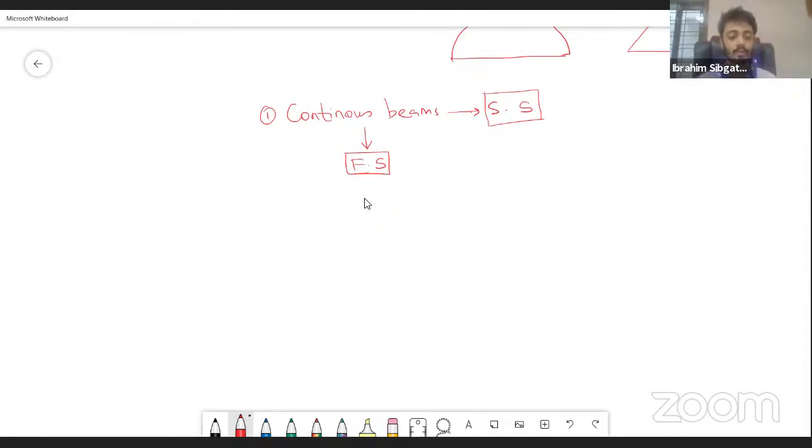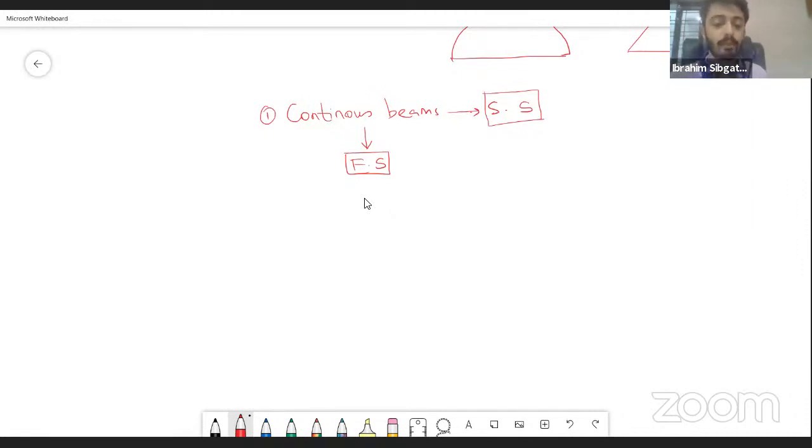All right, so let me repeat the steps once again. We will calculate the moments over the spans based on what type of beam it is and based on what type of load is acting over it. Then we will draw the bending moment diagram. Then we will calculate the support moments using the Clapeyron's theorem of three moments. Then again, we will complete the bending moment diagram.